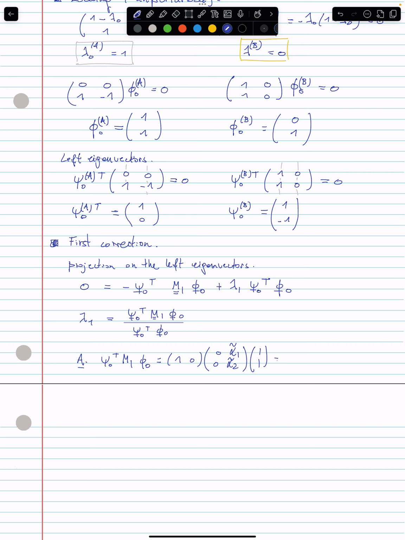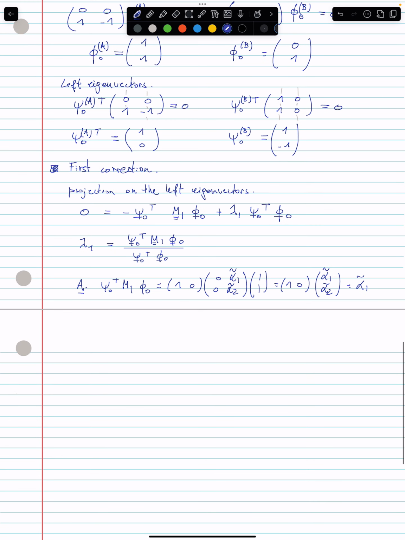All right, this is 1, 0 multiplied by alpha 1 and alpha 2, and this is alpha 1 tilde. That's for the numerator. Denominator, we have 1, 0 and 1, 1. This is equal to 1.